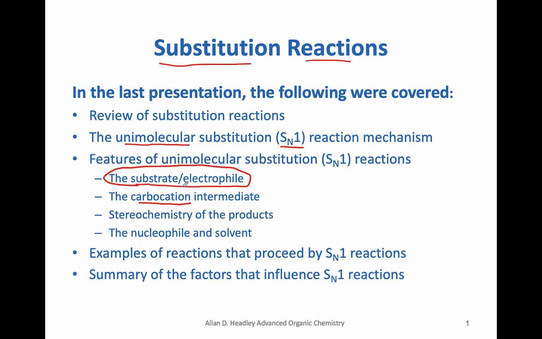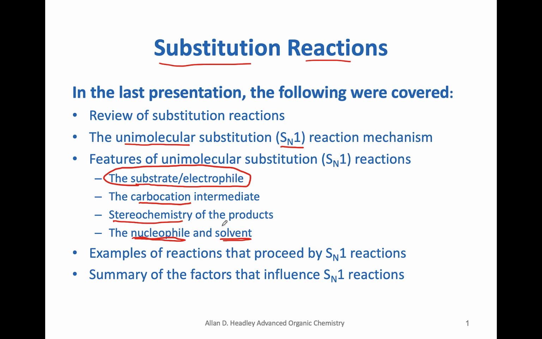Remember that tertiary is more stable than secondary, which is more stable than primary. We also looked at the stereochemistry of these reactions, in that the products of these reactions are racemic if the starting material is a chiral molecule. Then we looked at the solvent, and we pointed out that the solvent here is really the nucleophile.